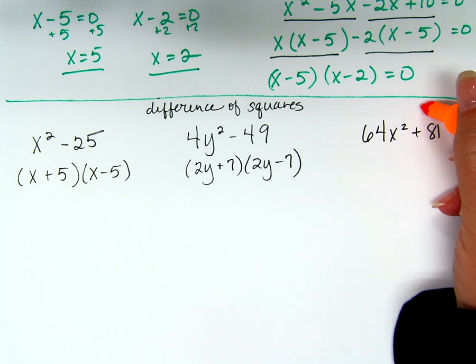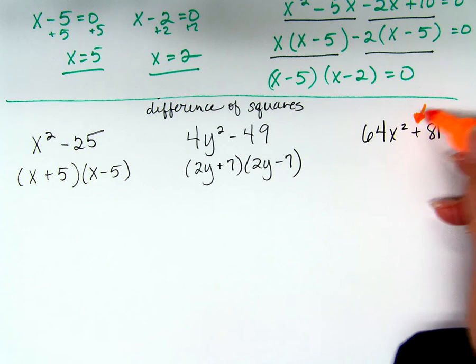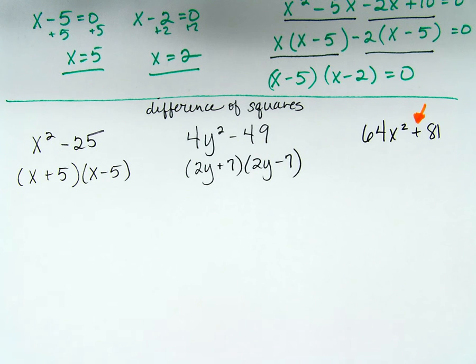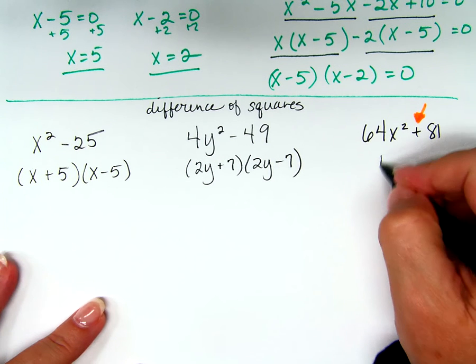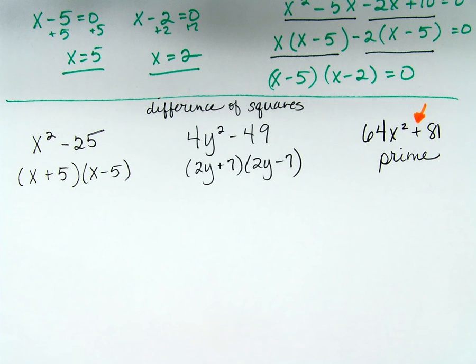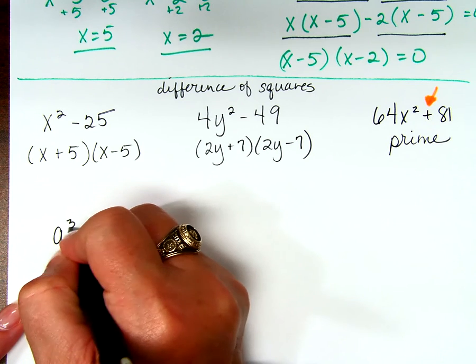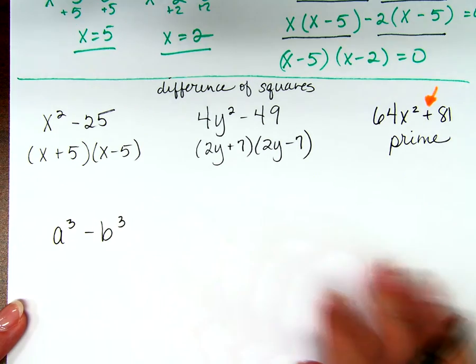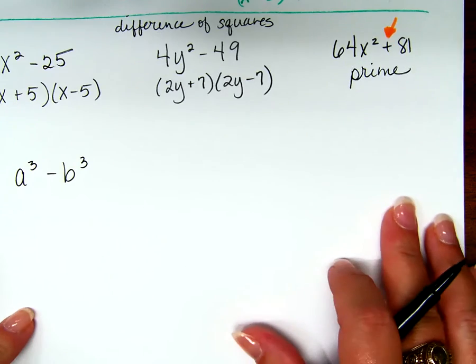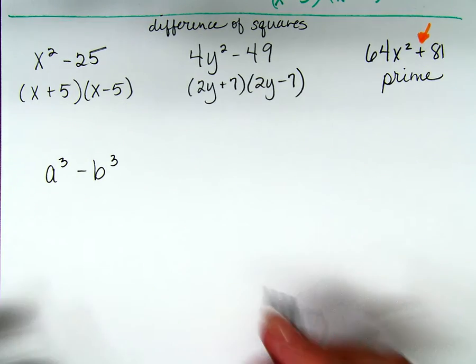Is this the difference of squares? Nope, it's the sum of squares. Can we factor the sum of squares? No, it's prime. We cannot factor it any more than it already is, okay? What about this? Is that the difference of squares? No, what is it? Difference of cubes?